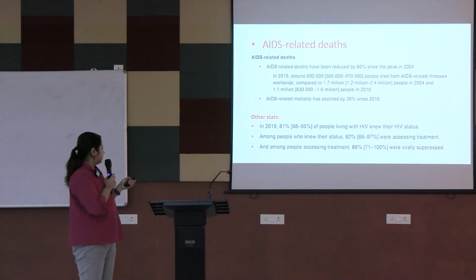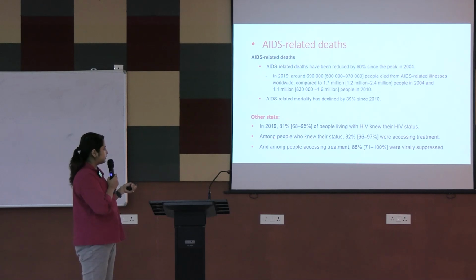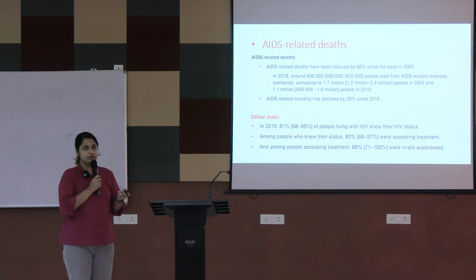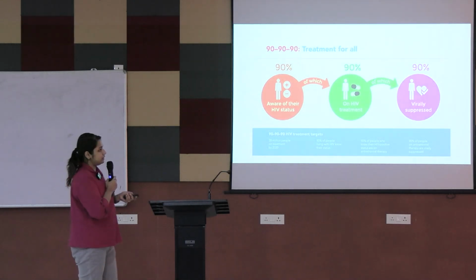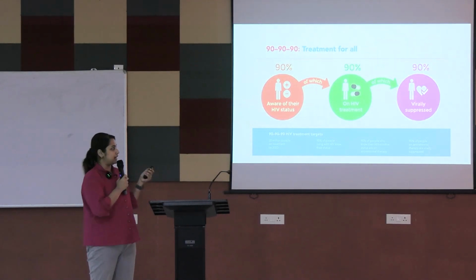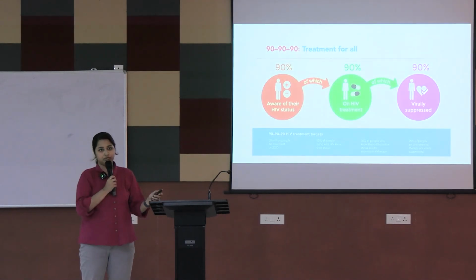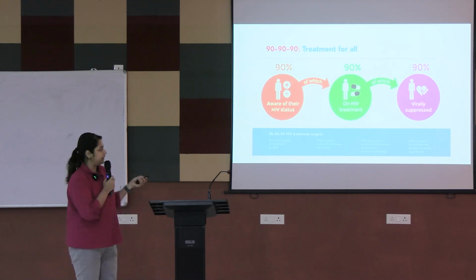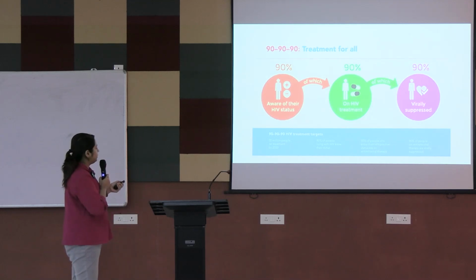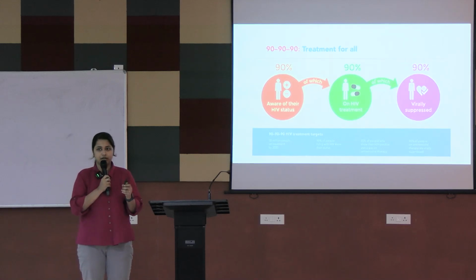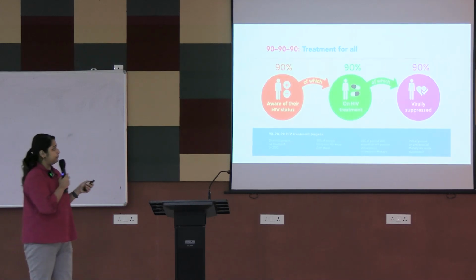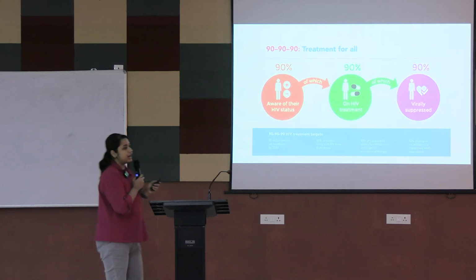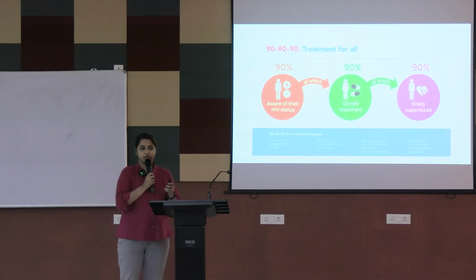So why am I showing you these percentages? Because there is a concept, a short note that can come, that is 90-90-90 for HIV. What does 90-90-90 mean? That 90% of the people should be aware of their HIV status, of which 90% should be on HIV treatment, of which 90% should be virally suppressed.